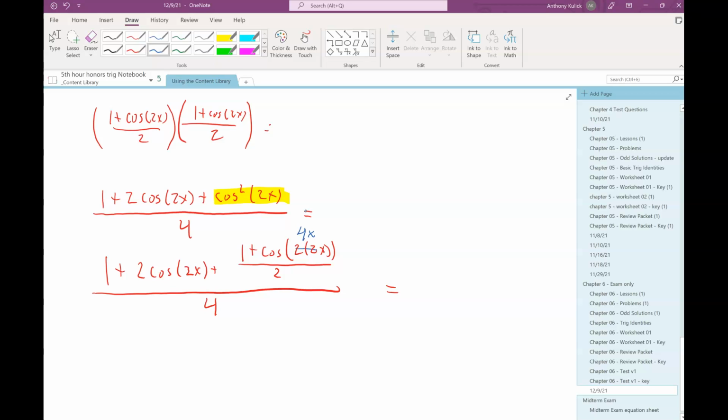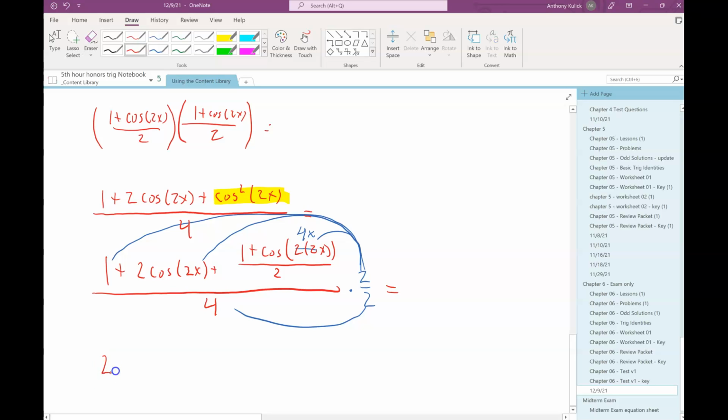The last thing I would probably worry about here is I need to get a single fraction rather than fractions inside of fractions. So I'm going to do that same trick that I did before and multiply the top and bottom by 2. So that 2 is going to distribute.